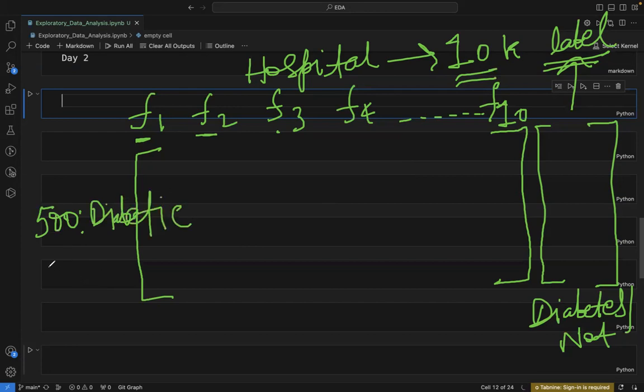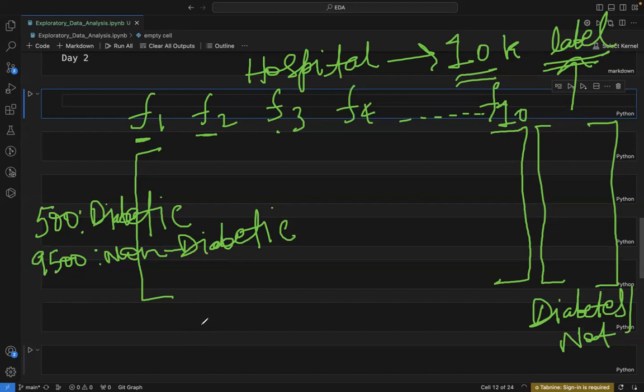So how many non-diabetic patients are there? 9,500. That means 9,500 patients are non-diabetic. This we know from our experience: only a small percentage of the patients who visit the hospital are diabetic.